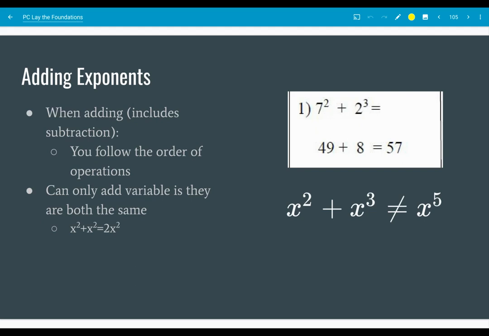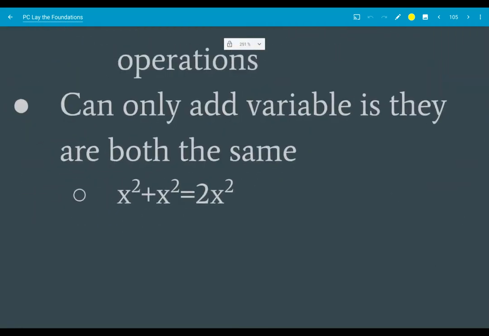Okay, if we look at adding exponents, and remember adding includes subtraction, you follow the order of operations, and you can only add variables if they are both the same. So if we look at our two examples, you've got x squared plus x squared.